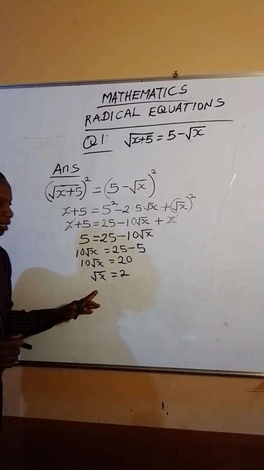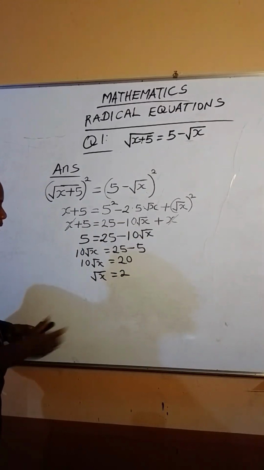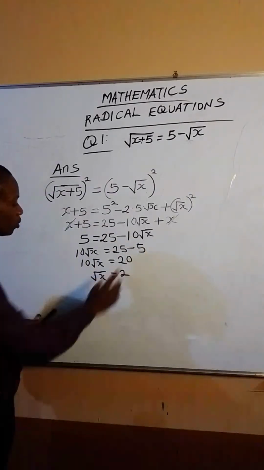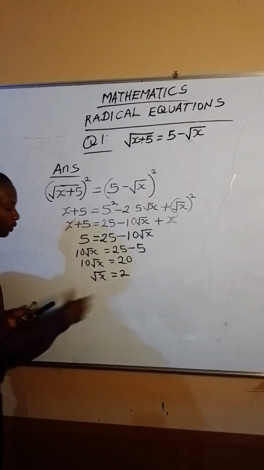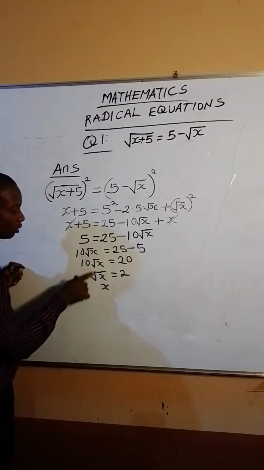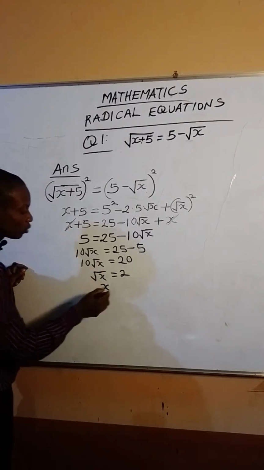Root x equals 2. Then when we square both sides, we are going to have x. The square will cancel the square root.